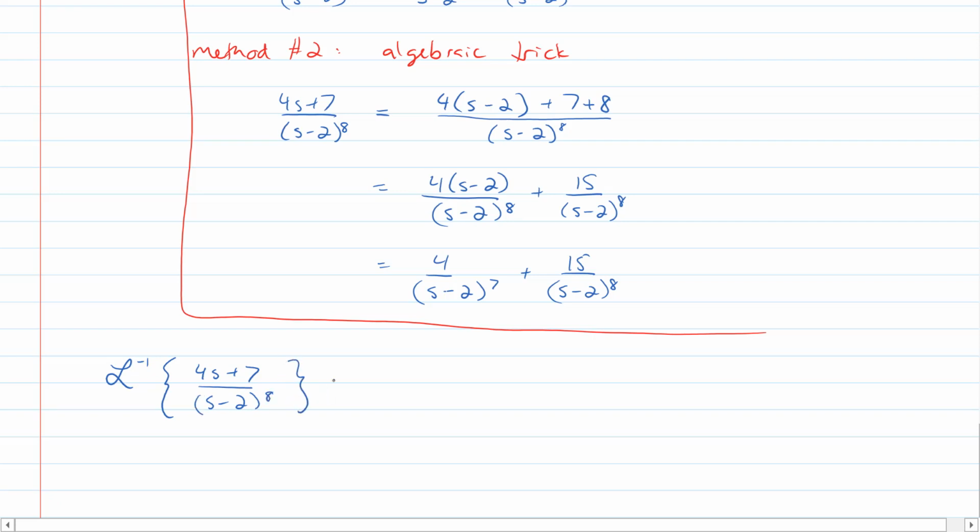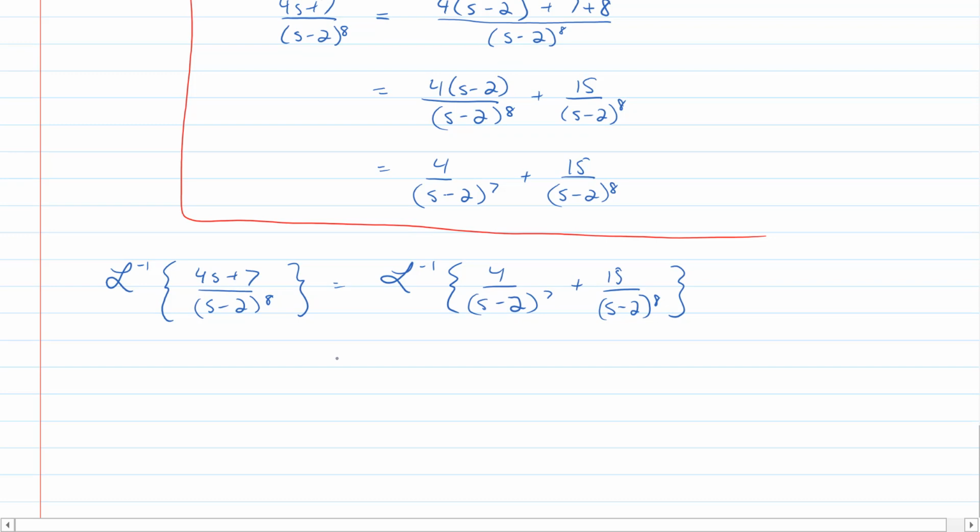That is equal to the inverse Laplace transform of 4 over (s - 2) to the 7th plus 15 over (s - 2) to the 8th. Of course, what we want is to rewrite it so that inside the bracket we have exactly the form that we would have on our table.